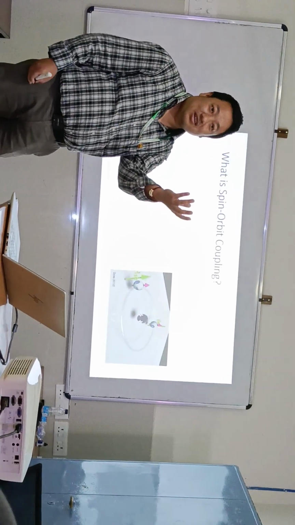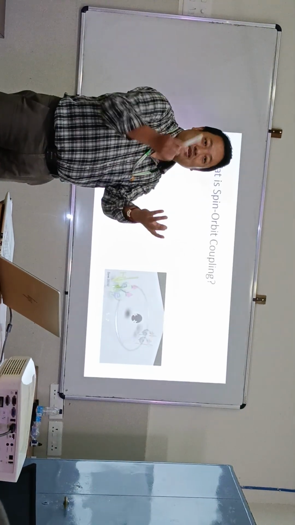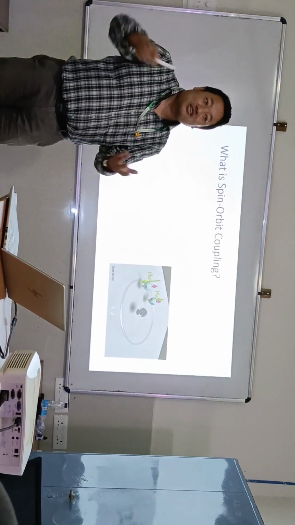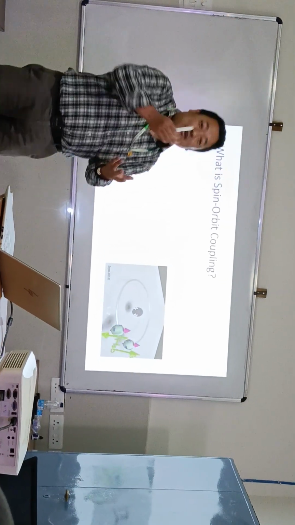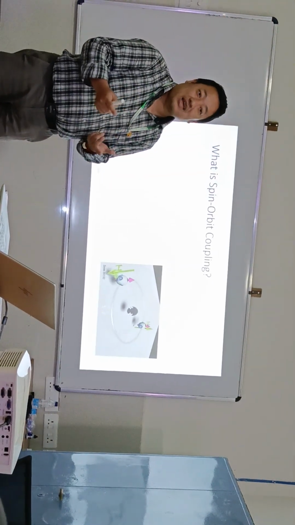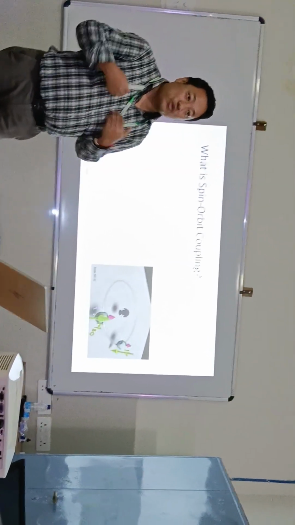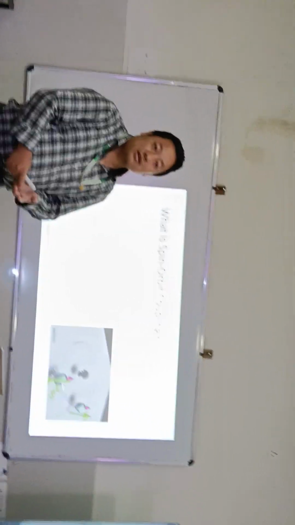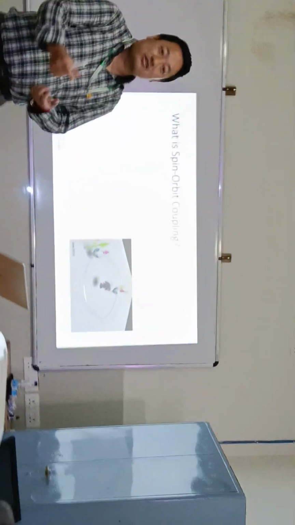In the center we have the sun, with planets revolving around it. Earth takes 365 and a quarter days to make a complete revolution around the sun. Because of that, we experience different seasons: summer, winter, autumn, spring, hot, dry.